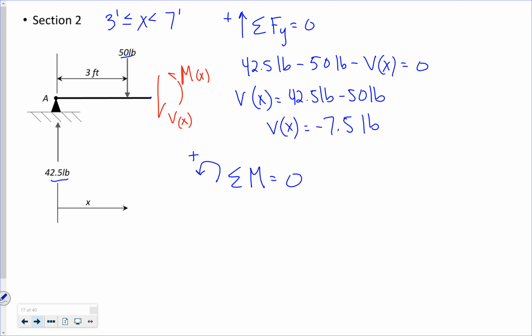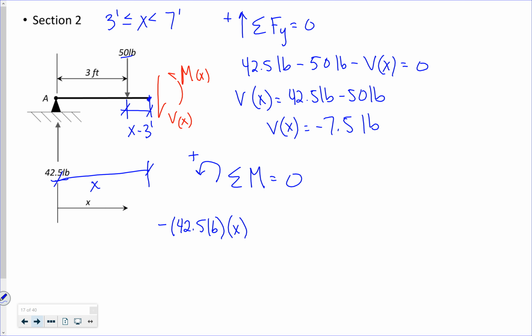If I'm looking at the moment right here, I've got 42.5 pounds acting at a distance X, and it's acting clockwise, so it's negative. I've got 50 pounds, and if I'm looking at the distance from here, it is X minus 3 feet. So if this distance is X, that's X minus 3 feet.